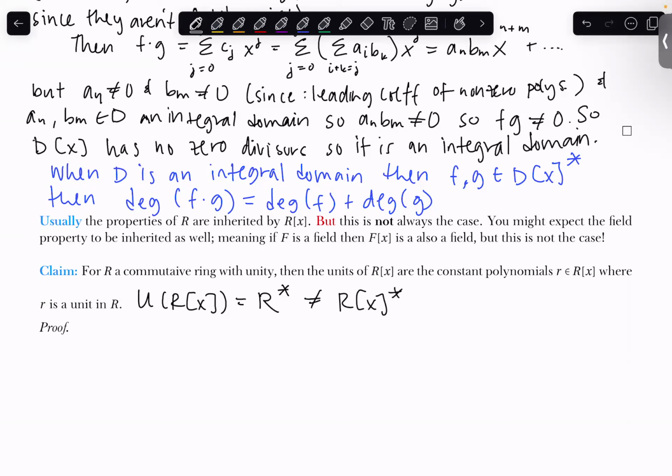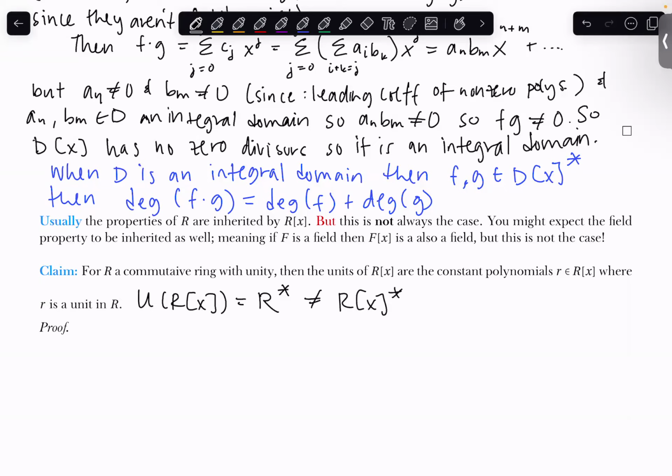Right, I have a bunch of other elements in here that are not going to give me back units. I don't have their inverses showing up in my set here. Okay, so what we're going to do is we're going to show if we have a commutative ring with unity, then if you have a unit, it has to give you back a constant polynomial. And the only constant polynomials that are going to be units are going to be the ones that were units from the ring itself already.